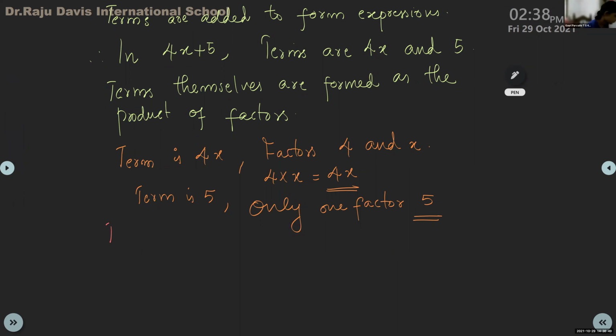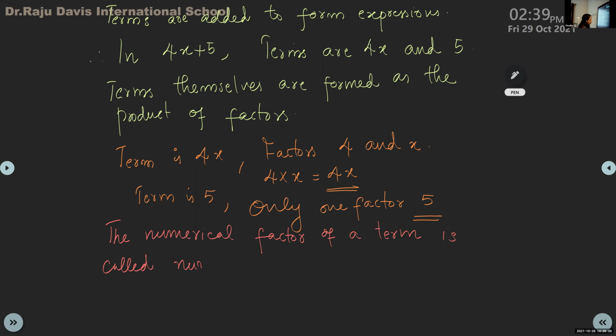The numerical factor of a term is called numerical coefficient or simply coefficient.